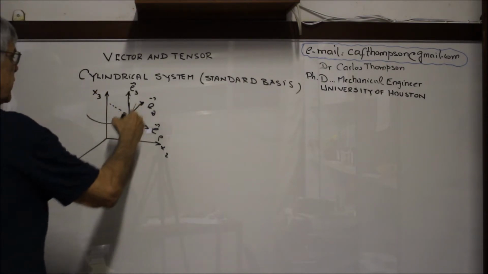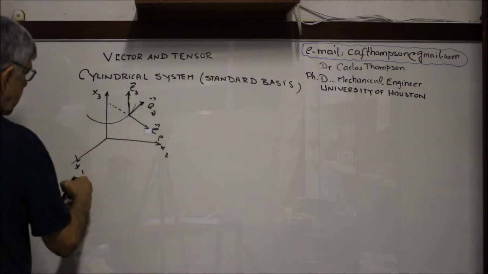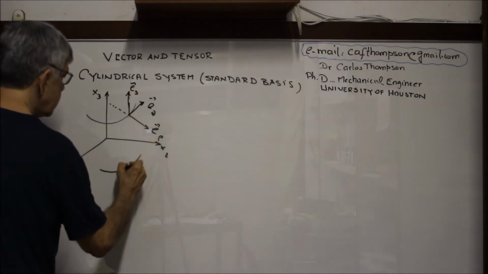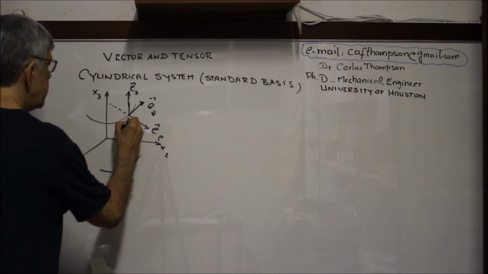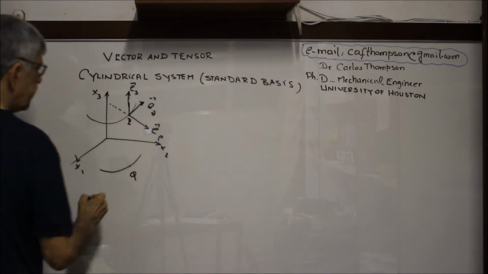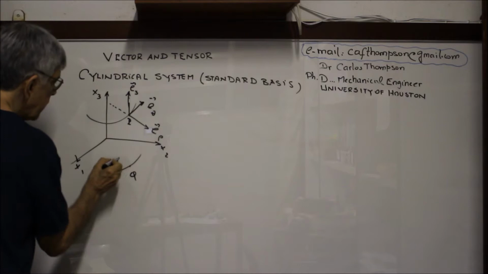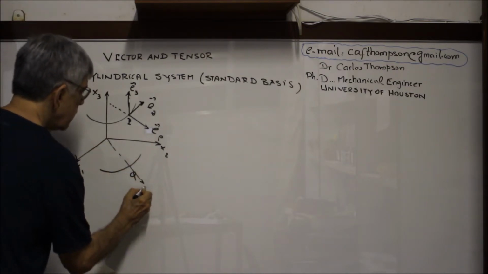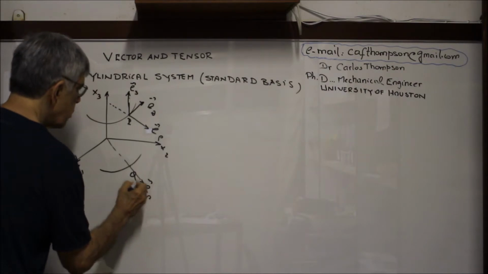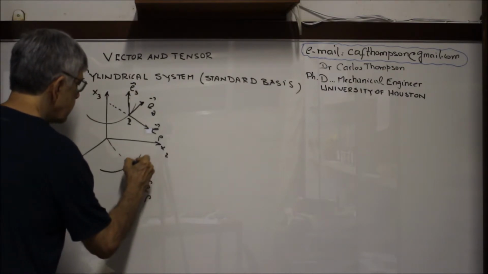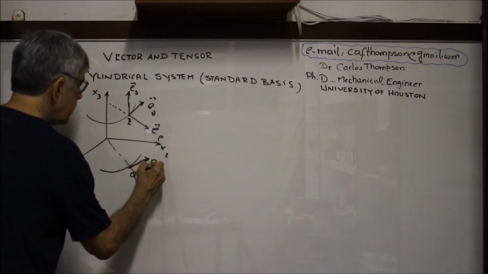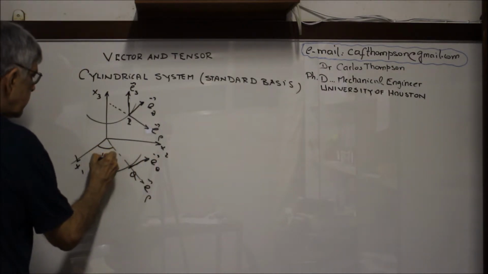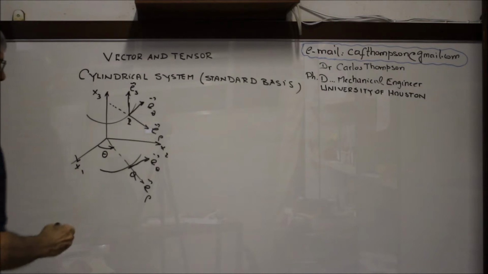Now, this curve here projected on the x1, x2 plane will be like that. See, there's a point P here, there's a point Q here. It's the same, we have here a unit vector E rho, and the tangent vector. Suppose this angle here is theta.